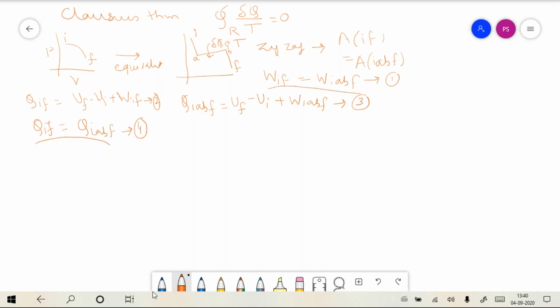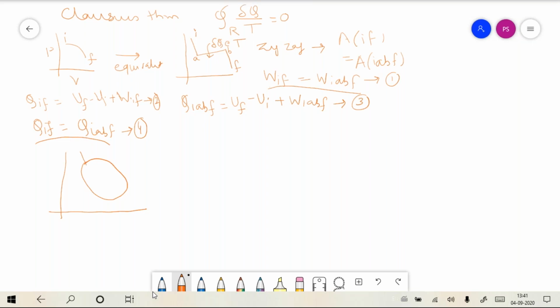Now, with this knowledge that you can always replace a reversible path with a zigzag path comprising of two reversible adiabatics and a reversible isotherm, you consider an actual reversible cycle and slice it into an infinite number of pieces.